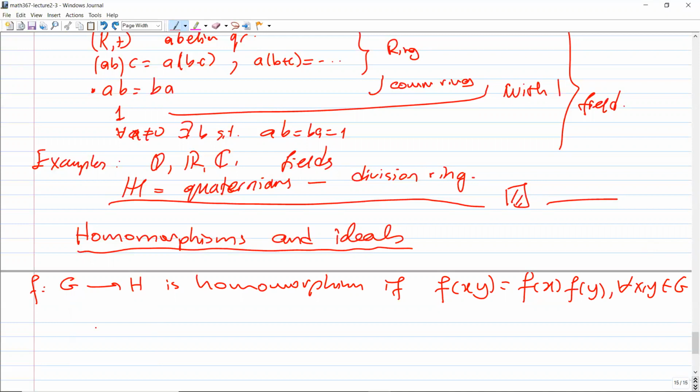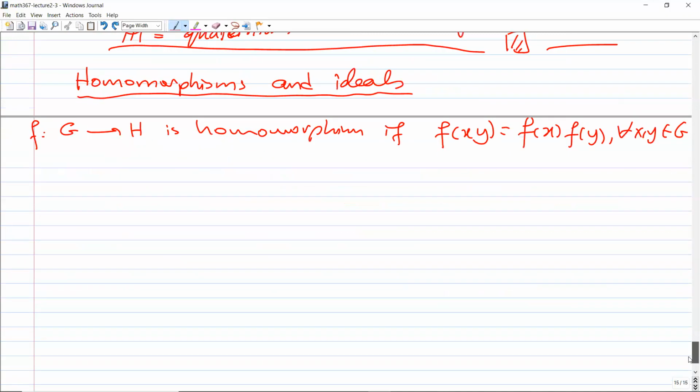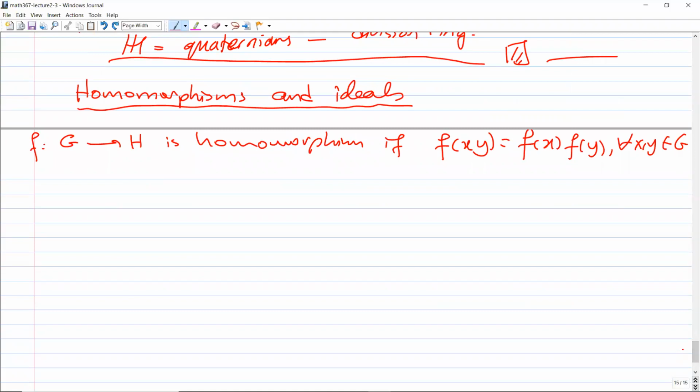For rings, it is similar, but in rings we have two operations, so that function should preserve these two operations.